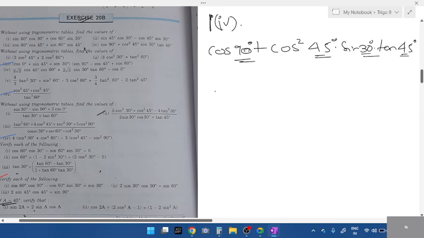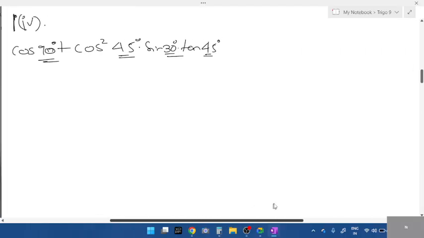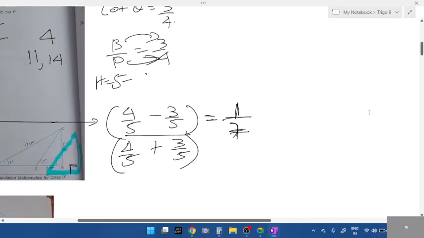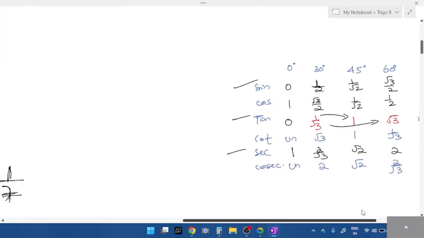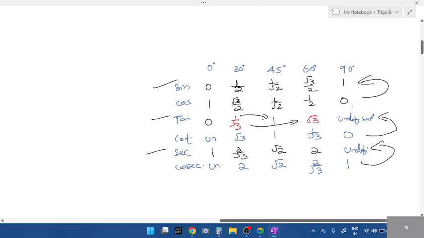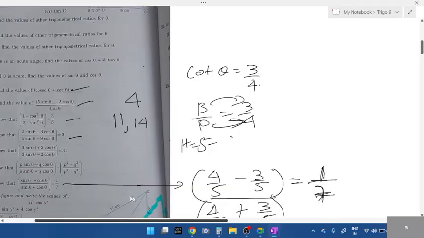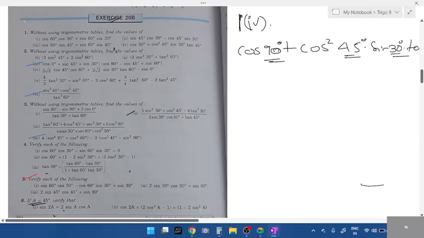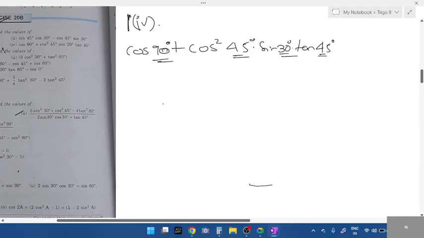What is cos 90? 1 or 0? 0. How confidently you are giving wrong answers. Cos 90 is 0. Cos square 45.